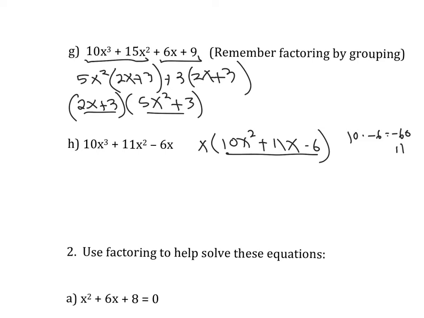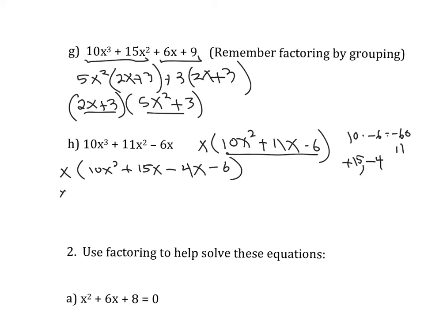Well, there are two such numbers. One will have to be positive, one will be negative, and that's going to be positive 15 and negative 4. So that's what we'll break our middle term into. So we'll end up with x times 10x squared plus 15x minus 4x and then minus 6.